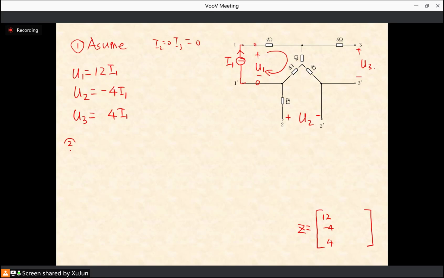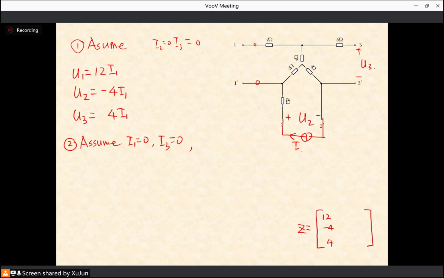Then assume I1 is 0, I3 is 0, and add I2 only. This I2 here. So U2 will equal only this loop: 8, 4, 4, so it will be 16 I2.